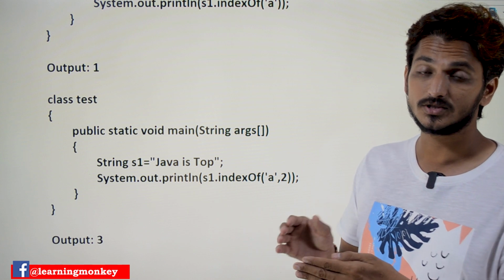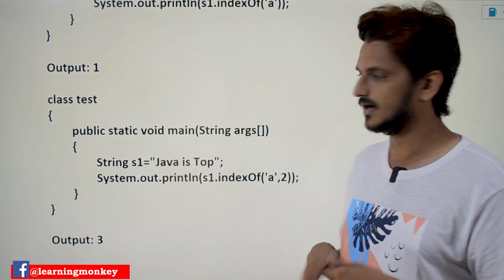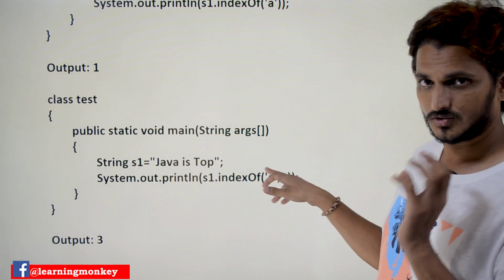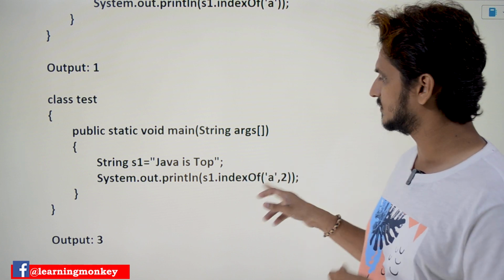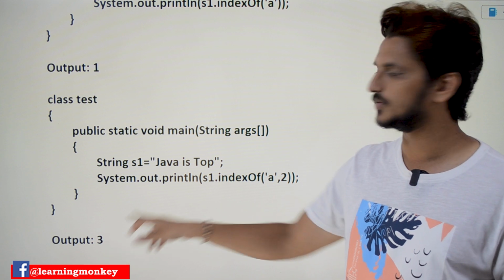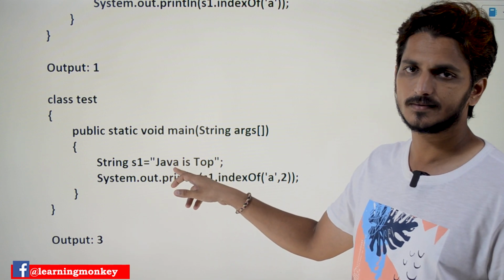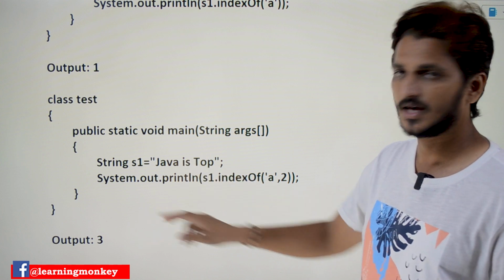From V onwards, check for A. That is what the starting index says. You have to search for A, but start from the second position. So what is the output you are going to get? At the third position we have A, so A is available at the third position. That is the output.